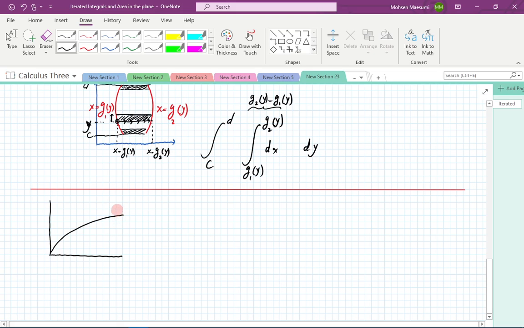Let's call it x equal to y squared, and then we go as far as this final point. Suppose the x of it is 4 and the y of it is 2.